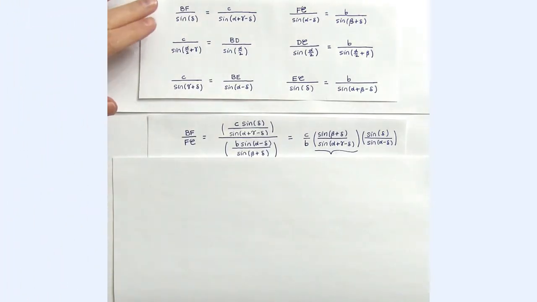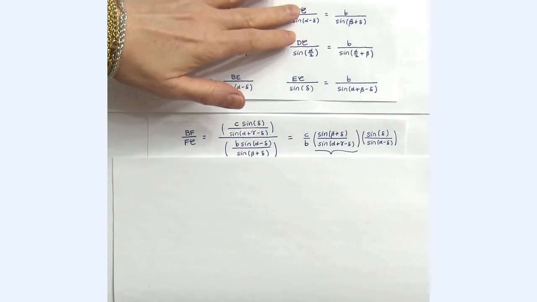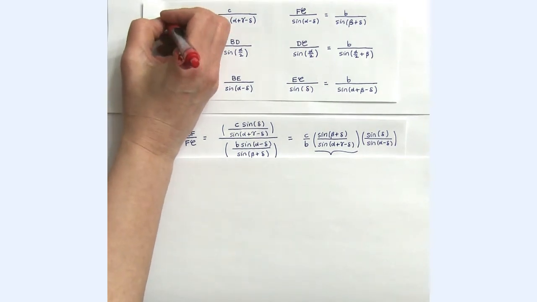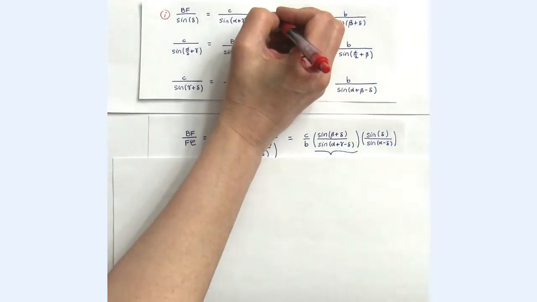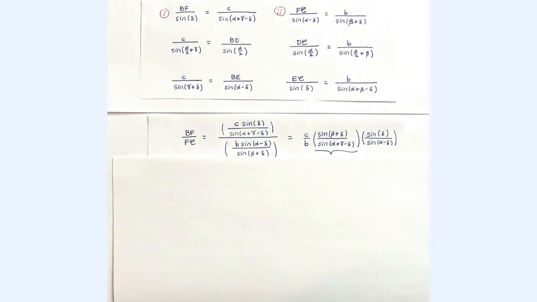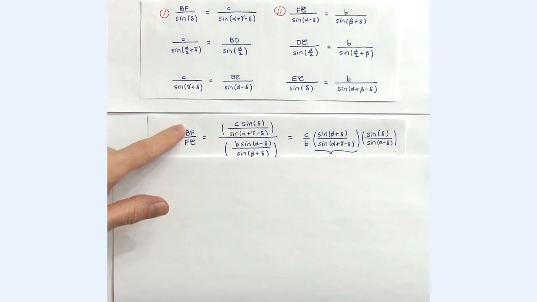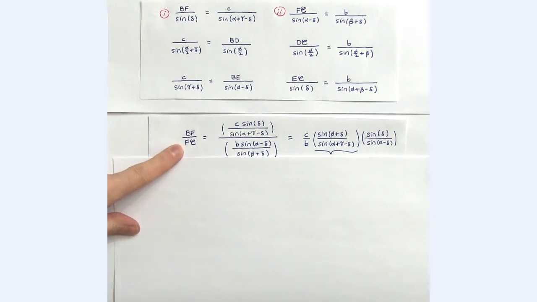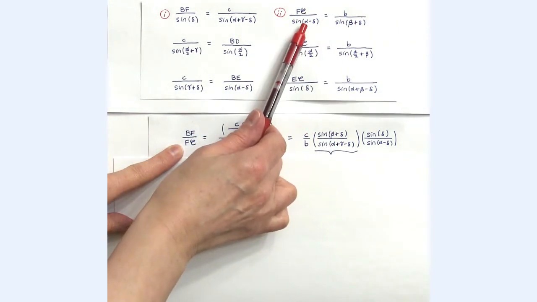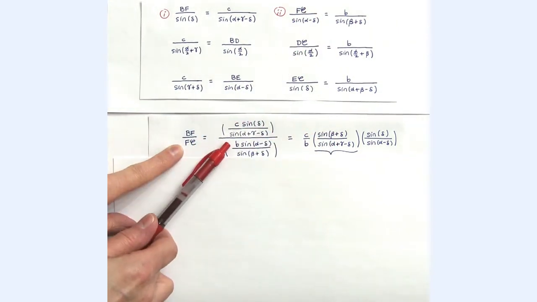So from my 6 equations, which I got from my 6 triangles and the law of sines, I'm going to start out with these first 2 equations at the top, numbers 1 and 2. And I see that I can solve for the ratio BF over FC because I can solve for BF in this equation and FC in this equation, like this.